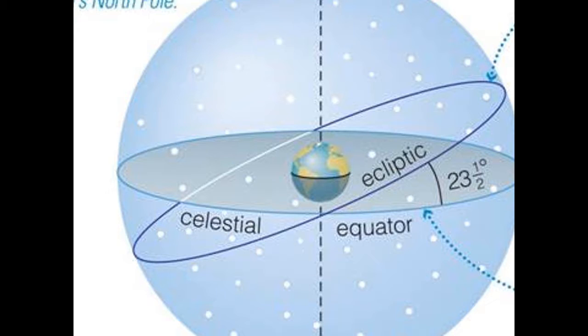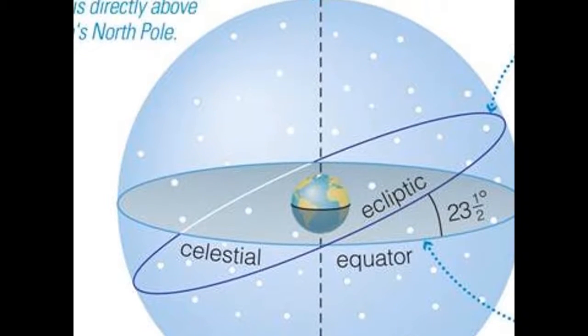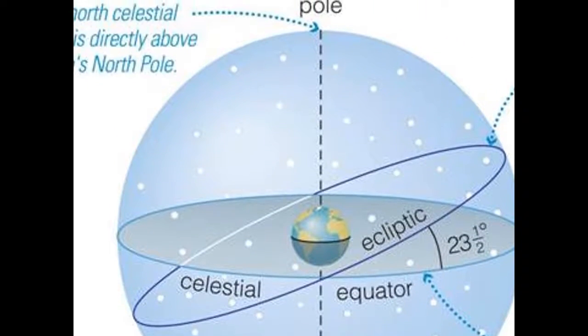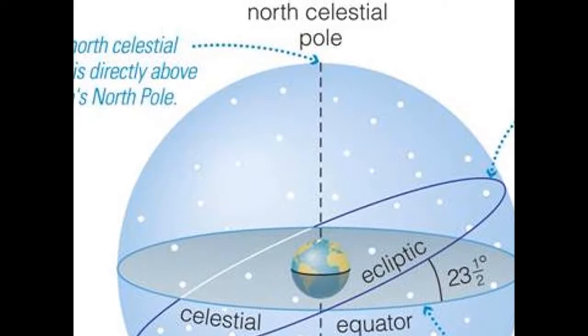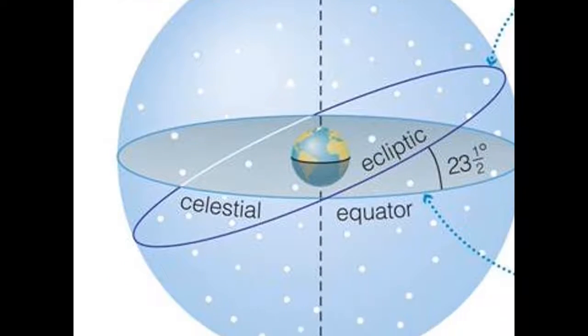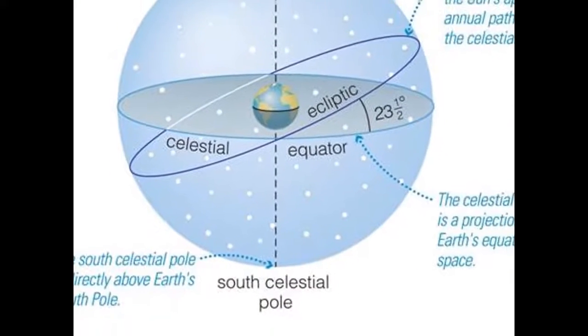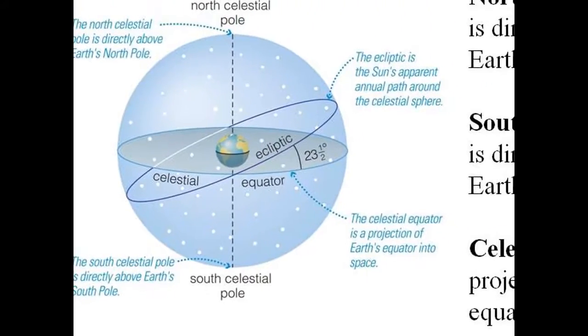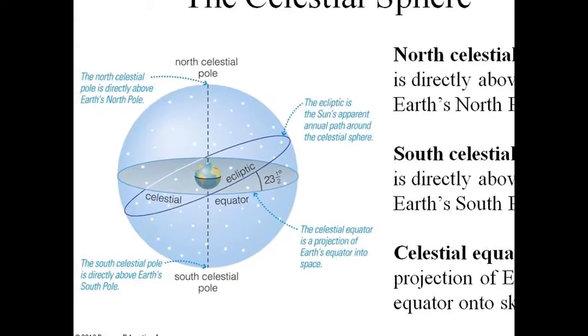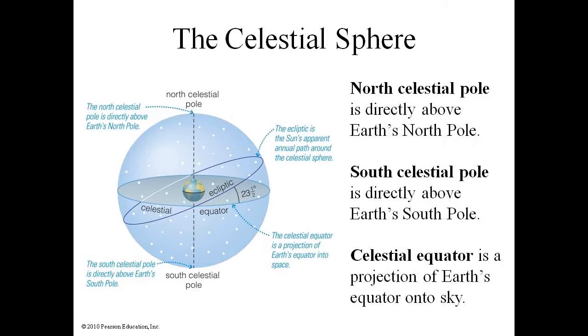The projection of the Earth's equator outward onto the celestial sphere is called the celestial equator. And then if we project the Earth's north pole onto the celestial sphere, it's called the north celestial pole, and the same thing at the south celestial pole. So we've got those three things defined. There is the celestial equator, the north celestial pole, and the south celestial pole.